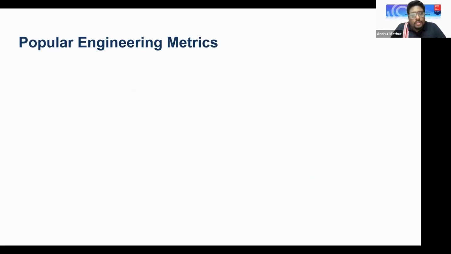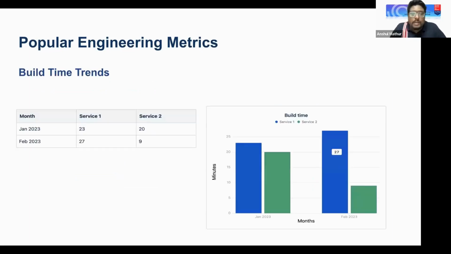Then coming to another very important metric, which is build time. As the devs keep adding more dependencies, more libraries, more code, your code gets bulkier, with more unit, integration, and contract tests and all that. So your build time would increase, the time to compile and put your code to a test environment, right?